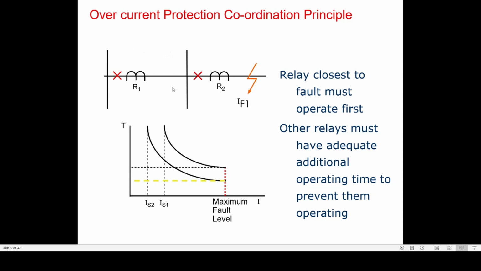Now, what will happen? Suppose in this simple case, relay R2 has the time of operation of 50 millisecond and relay R1 has the time of operation of 200 millisecond. And if this is the source side, whenever there is a fault at this point, the fault current will be higher for this relay or for this section.